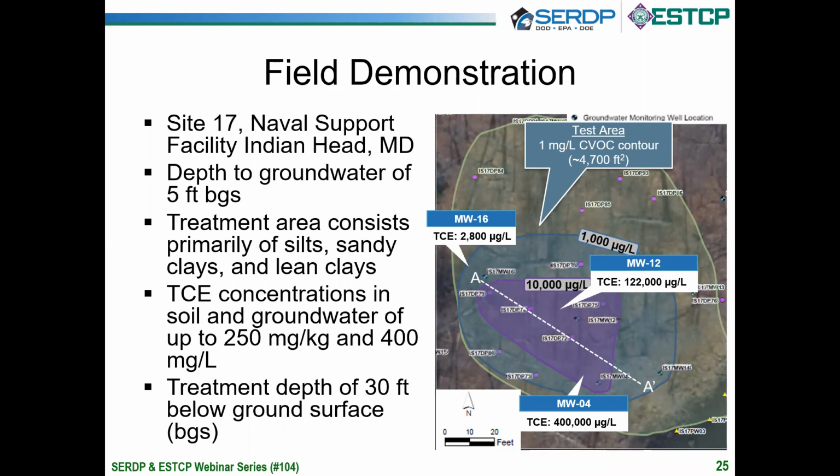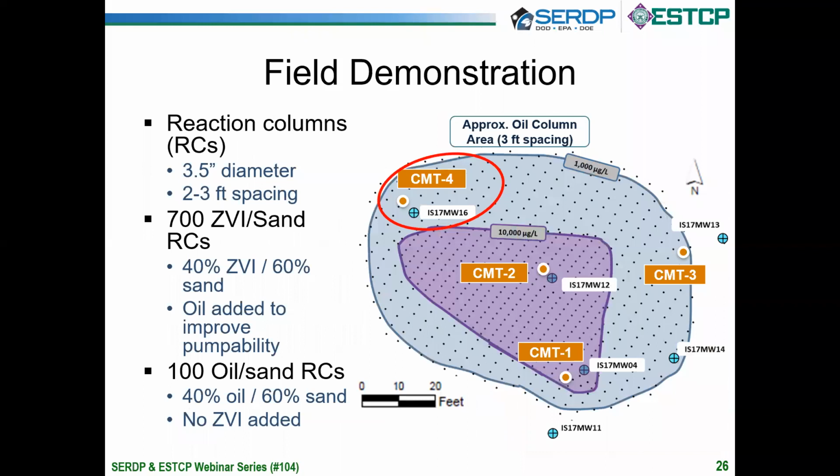So moving on to slide 26, we'll talk a little bit about what we did at Site 17. On the right-hand side, you'll see the same image. This is again the 1 milligram per liter and 10 milligram per liter contours with the existing monitoring wells also shown. And what we installed was 800 reaction columns over a period of about 7.5 days.